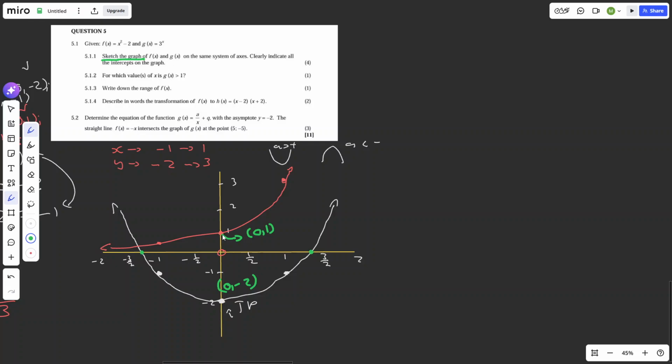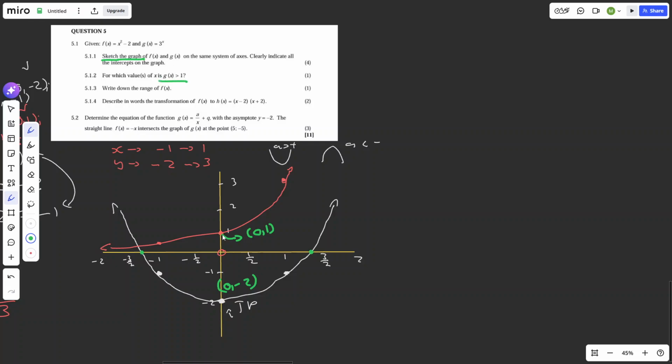But this should give you an idea, right? When you have a function drawn, okay, you can then go on to find all the necessary values.